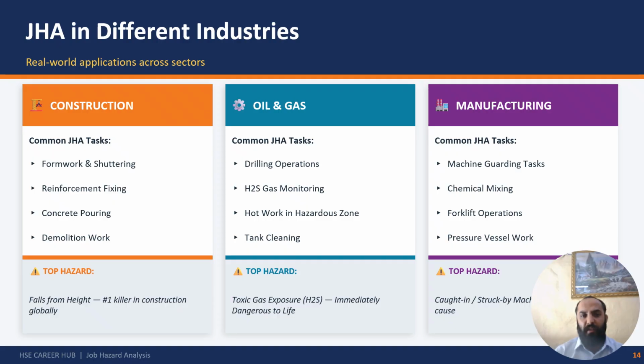So guard exists for a reason. Make sure your JHA specifies that guards must be in place before any task begin. Whatever industry you are working in, the process is the same. The hazards are different, the controls are different, but the 5 steps never changes.